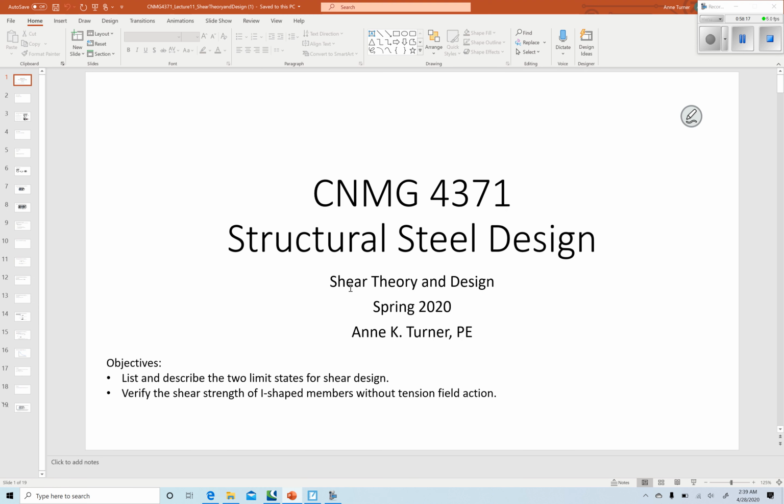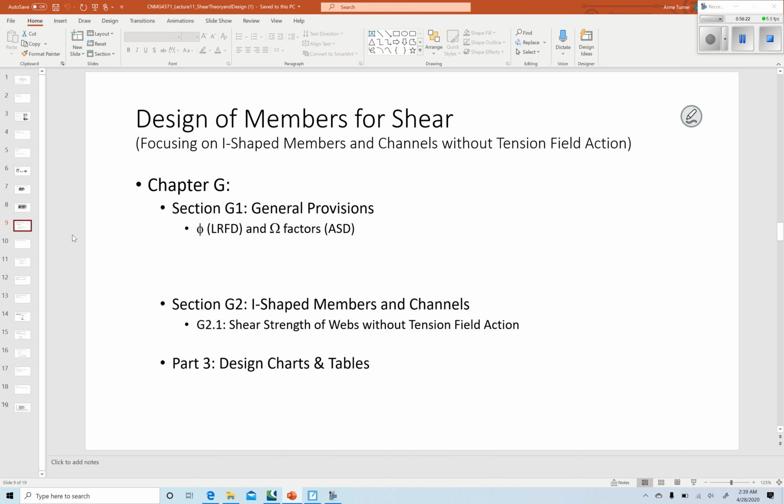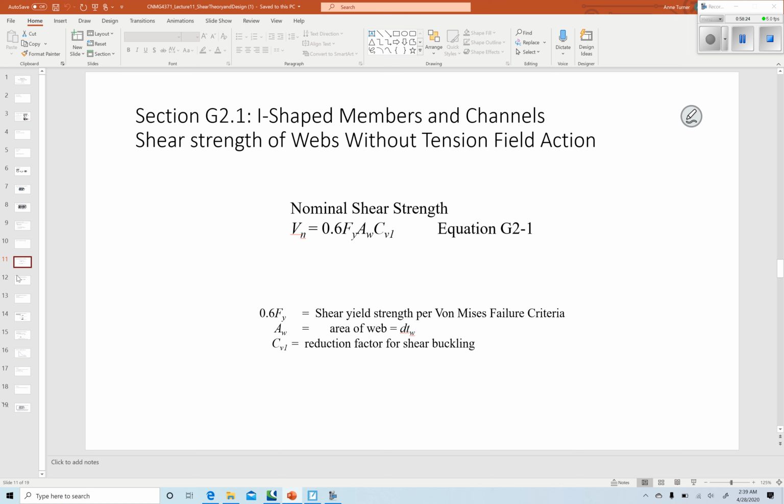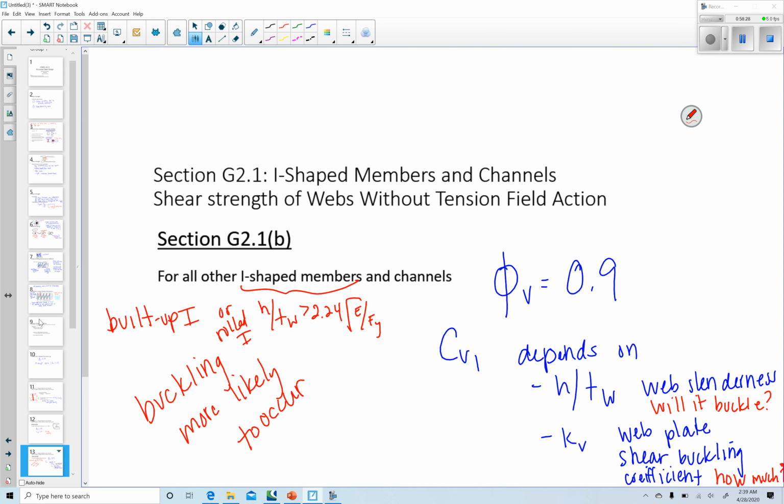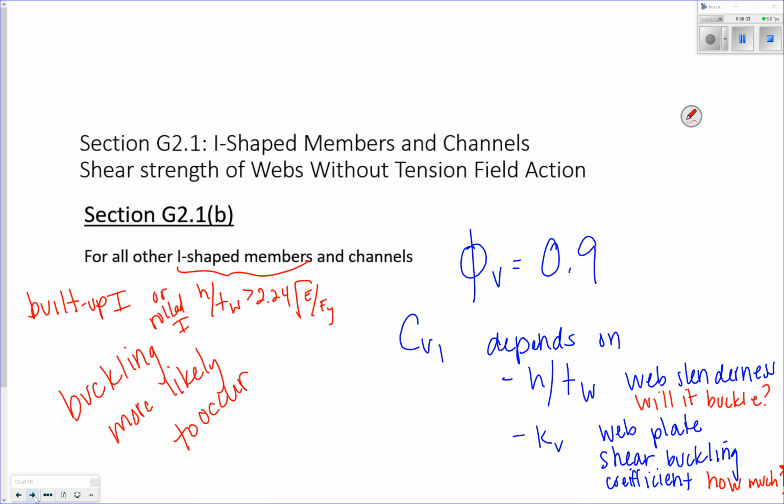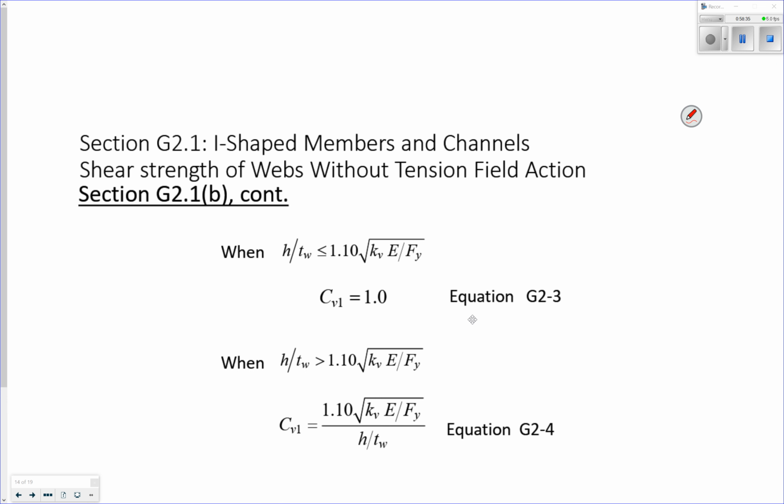I'm just on page 16.1-71. That is not the right thing. I'm not in PowerPoint. Okay. Let's see. So these are the equations that are in G2.1b.